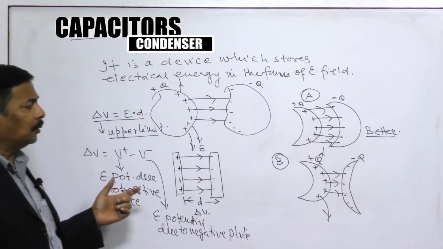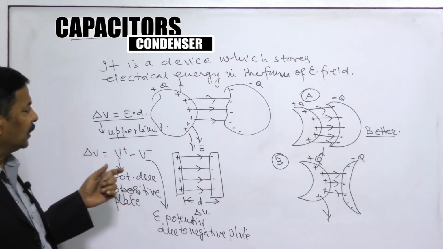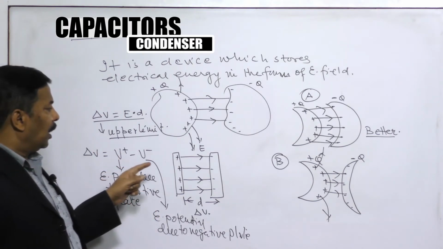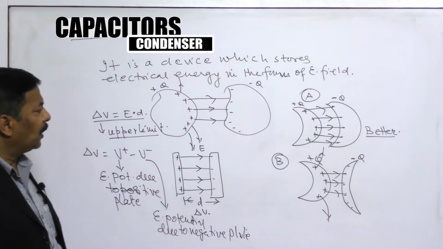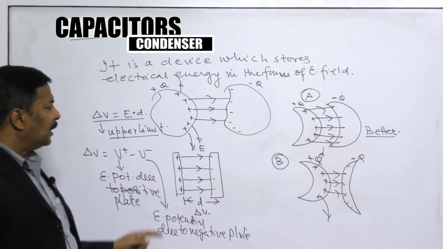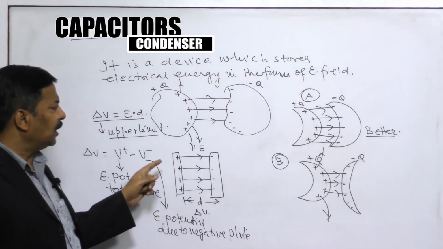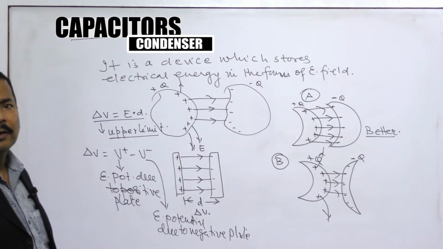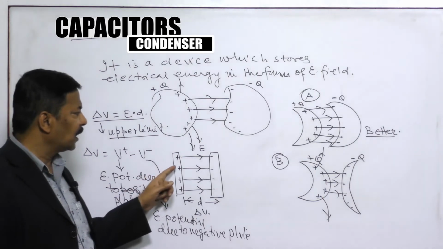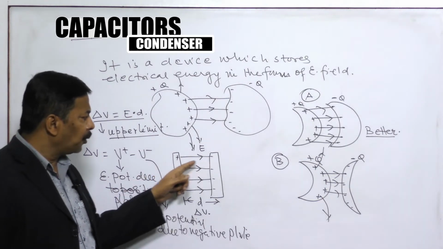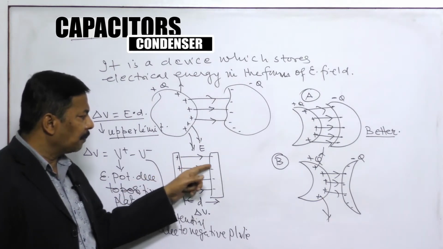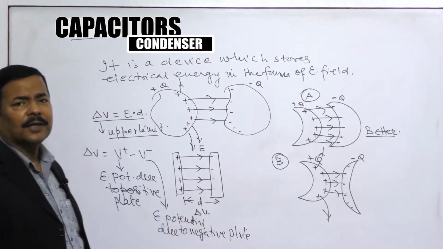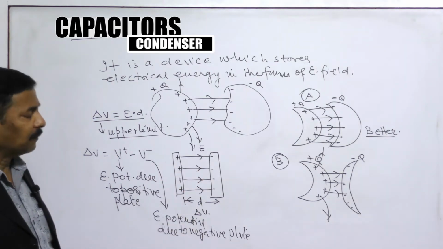And now you have understood this discussion. Here one thing I would like to tell you, that it is not essential that equal charge needs to be given. It is not essential, but on the opposite faces of the parallel plates, equal and opposite charge will automatically develop.